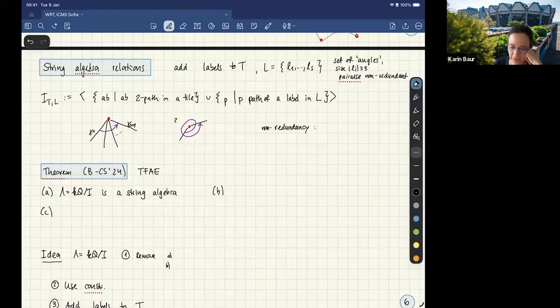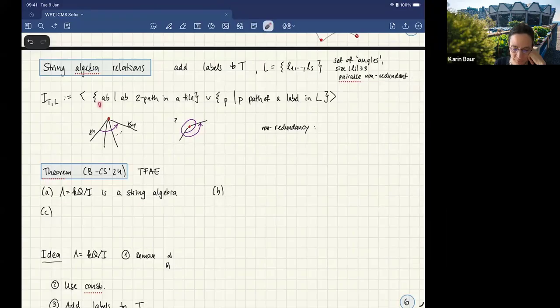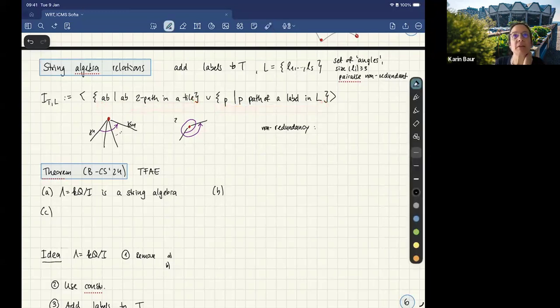This gives you additional relations. So we have the ones from the gentle part, but then we also have to take the paths coming from a label. And I wrote 2 labels here, L1 and L2.